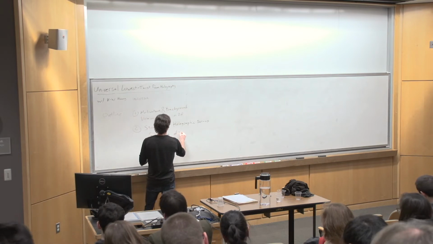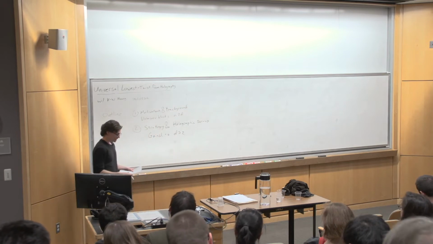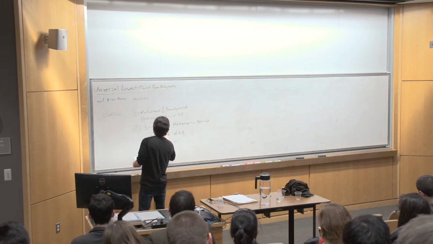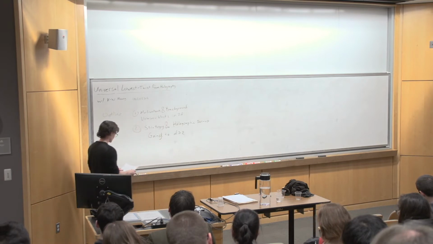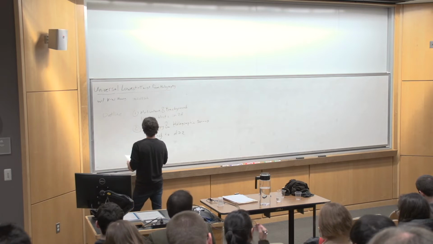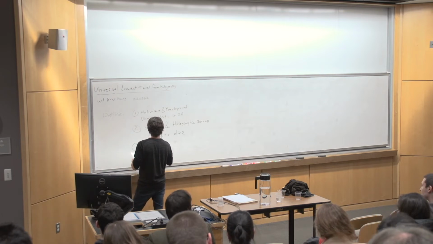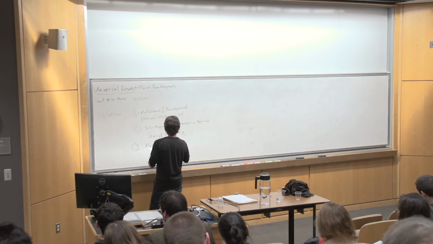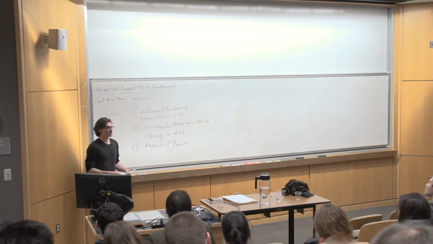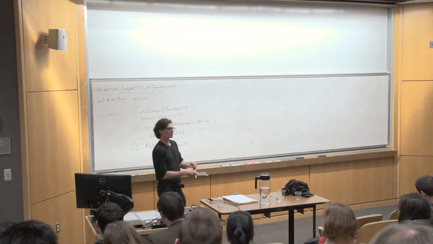I'll talk about some of the obstacles to doing that, conceptually and practically, and then how we can try and overcome those obstacles. Finally, I'll talk a bit about some of the details of the methods, and depending on how much time I have, I'll talk about some of the results that we get. All right, so that's basically what we're going to do.